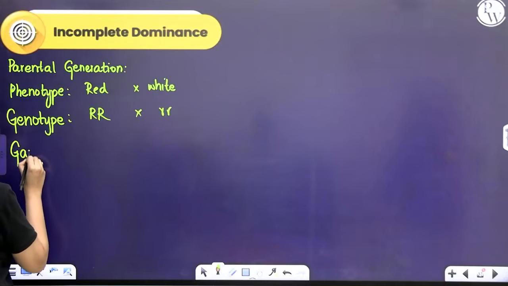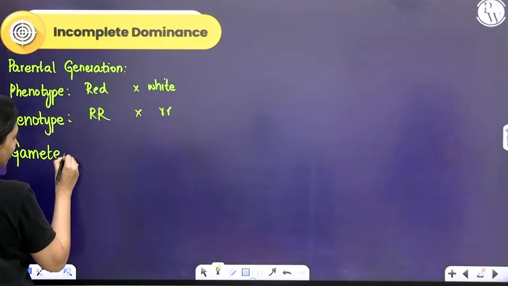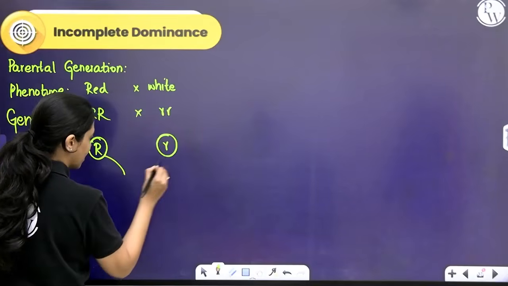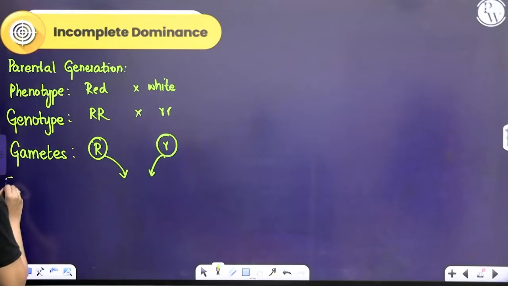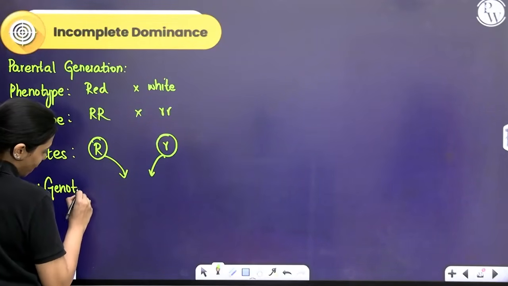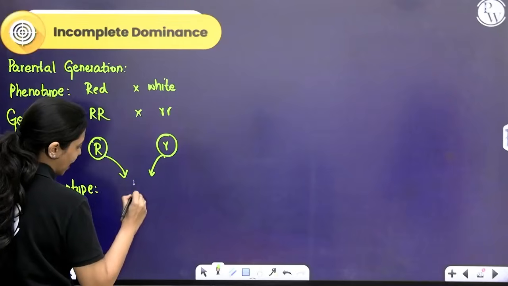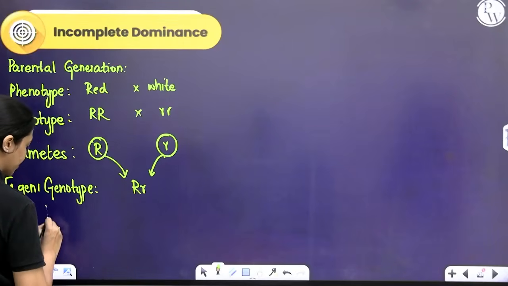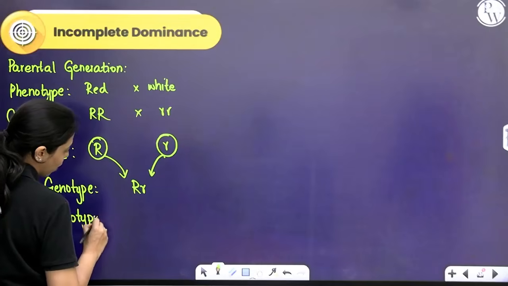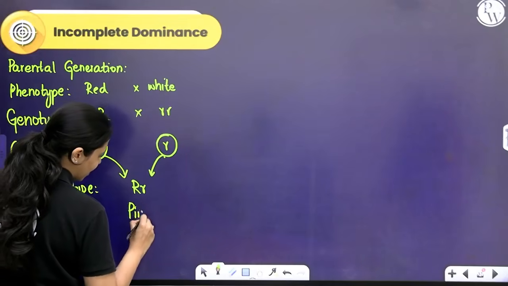Since they are homozygous, they will produce one type of gamete. This will produce capital R, this will produce lowercase r. And what will we have in the F1 generation? The genotype would be capital R, lowercase r, and the phenotype would not be red or white, it would be pink.